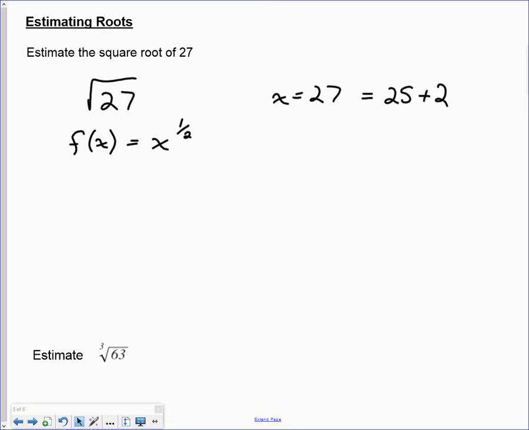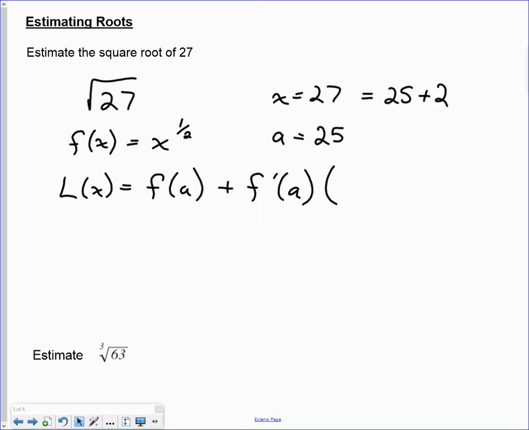Now, we know what the value of f at x is at 25. We know that the square root of 25 is just 5. So we can use a equals 25 as our reference point where we're going to find the slope of the tangent. So our linearization equation, L at x equals f at a plus f primed at a times x minus a.